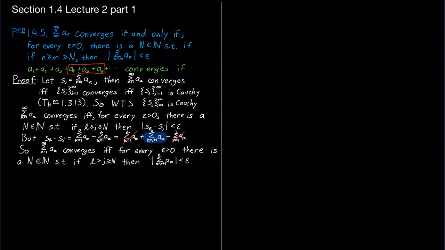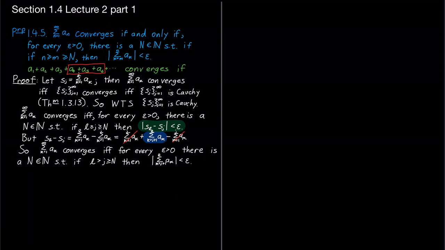Why am I allowed to suddenly insist that L has to be bigger than J? Well, if L is equal to J, then this condition, this S_L minus S_J less than epsilon condition, is just always going to be true.